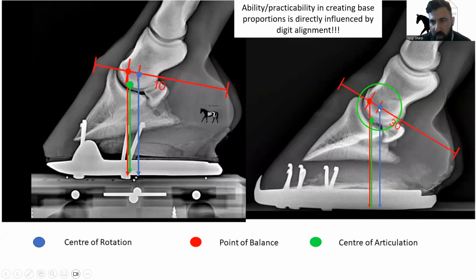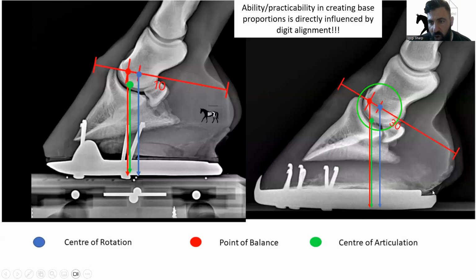And this broken back alignment means it's now almost impossible to create the 50-50 proportions around either of these points practically. Because you can see here that even if we shoe this horse all the way back to the bulbs of the heel, we still can't create 50-50 around either of those points.